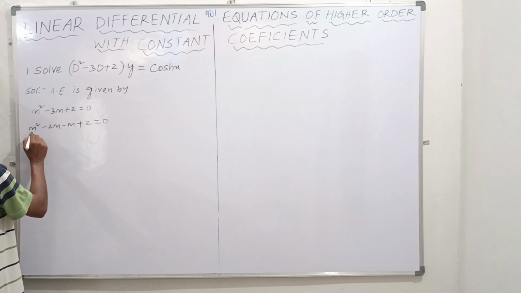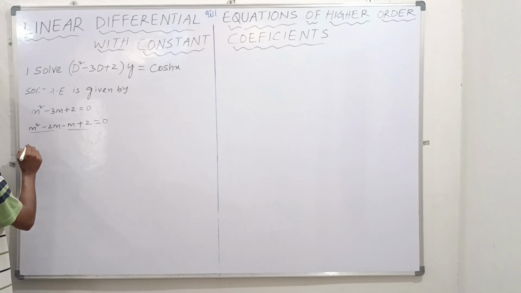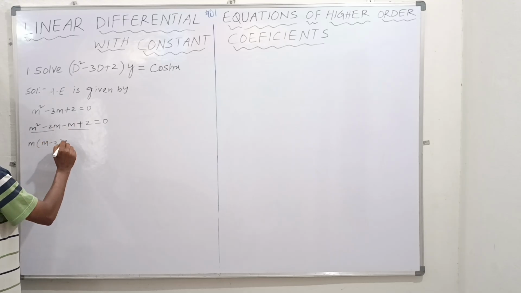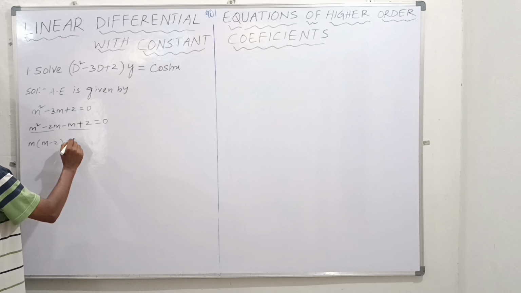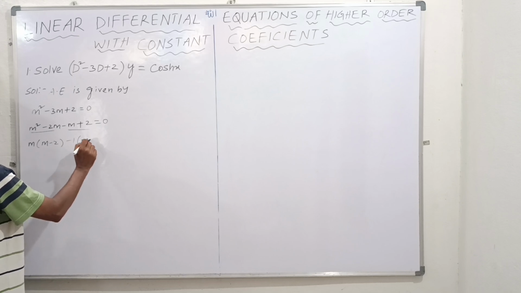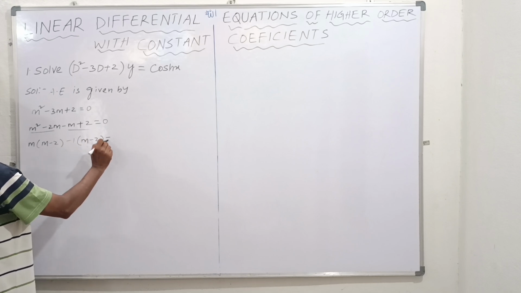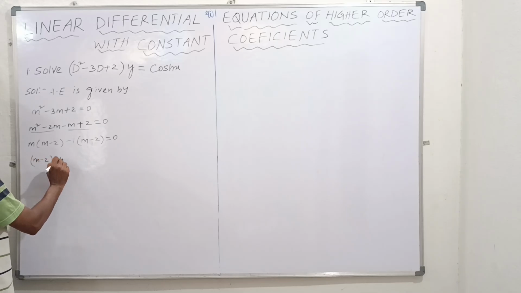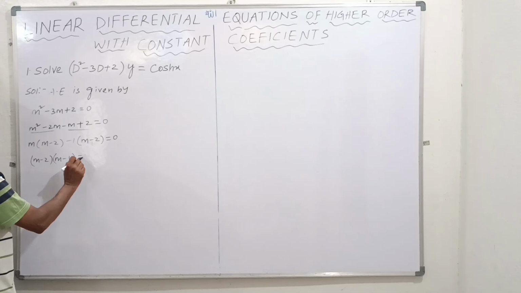So factor by grouping, group these two. So m into (m minus 2). Here we take minus common, so minus of (m minus 2) is equals to 0. So again we have m minus 2 as the common factor. So (m minus 2) into (m minus 1) equals to 0.